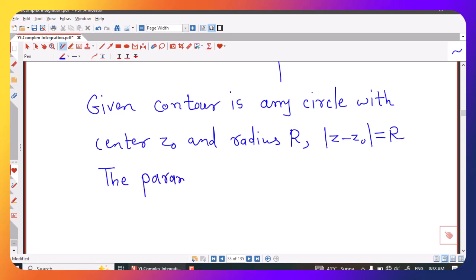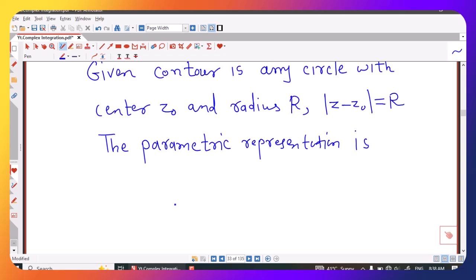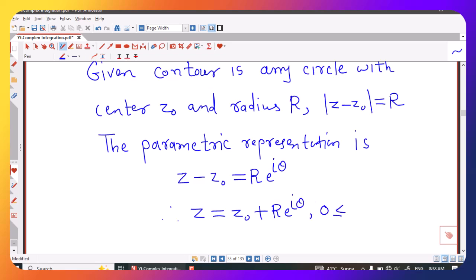If we consider theta as parameter, then the parametric representation of this circle is, we take z minus z0 equal to r into e raised to I theta, and therefore z is z0 plus r into e raised to I theta, and we have to integrate along the whole boundary of the circle.